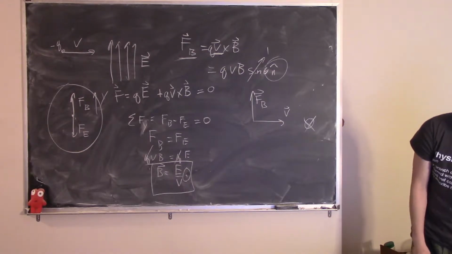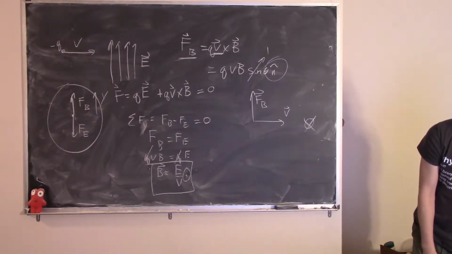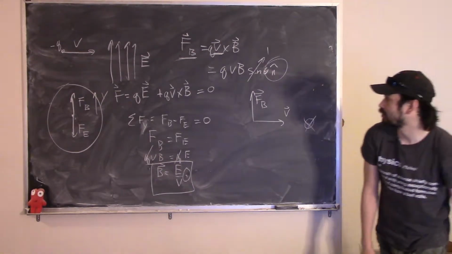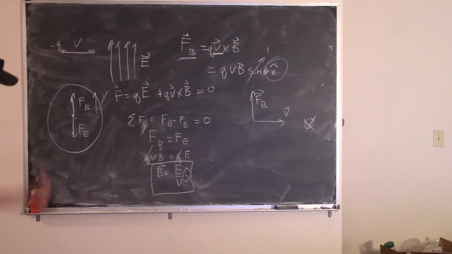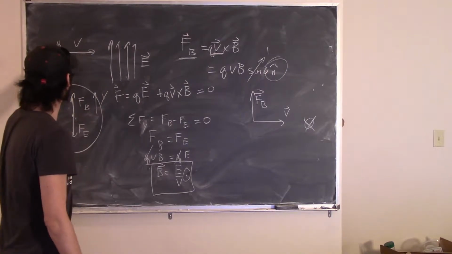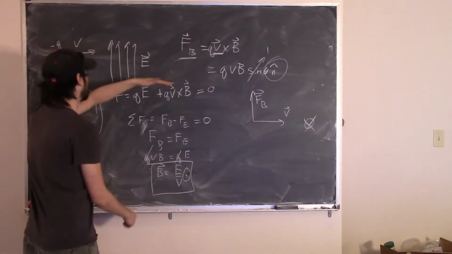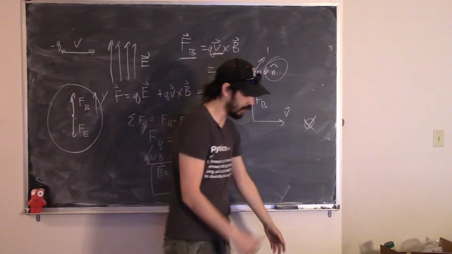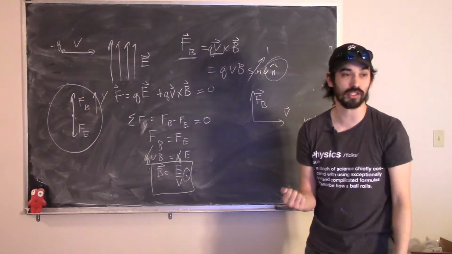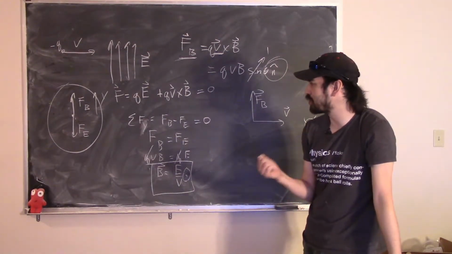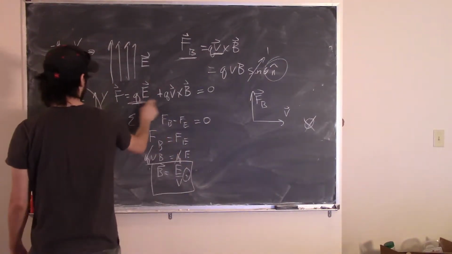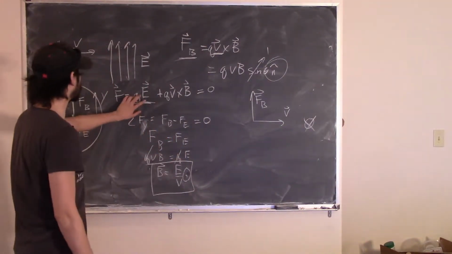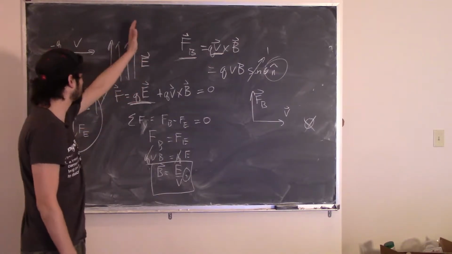Can I explain how you know F_B is pointing up, perpendicular to the V? Yeah. That's because in the statement of the problem, what I wanted was for this particle to move through undeflected. And what does it mean when I say undeflected? It means that the sum of the forces is equal to 0. I can determine the direction of the electric force by saying it's going to be Q times the electric field.